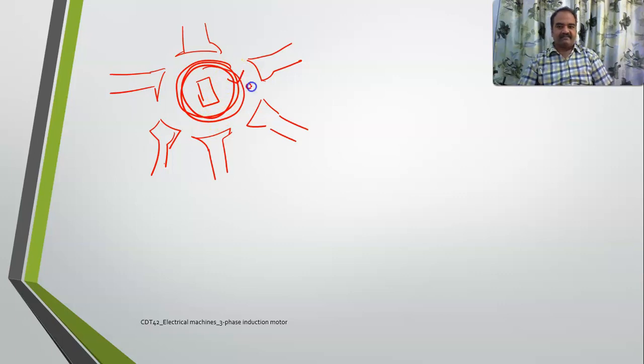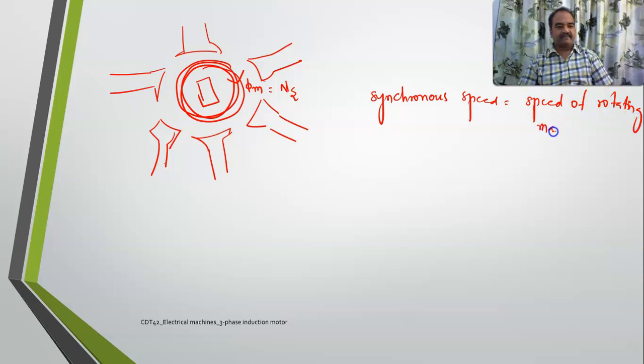This is your magnetic field, and it is rotating with some speed, which is called the synchronous speed. This is the speed of the rotating magnetic field developed by your three-phase supply. Its formula is given by 120 F by P. Try to remember it: 120 F by P, where F is the frequency and P is the number of poles. This is represented by Ns.